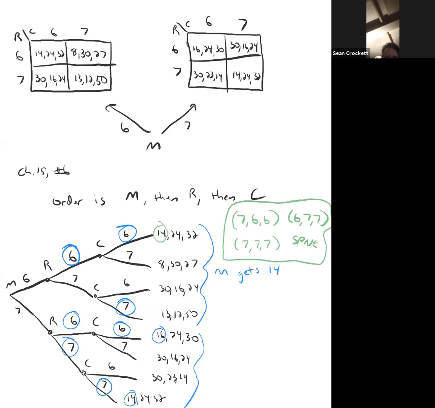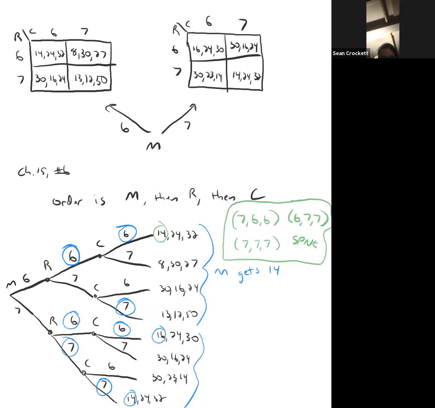So these are all of the pure strategy subgame perfect Nash equilibria. And then, of course, she could also be willing to mix in any proportion between 6 and 7. Player M could be willing to mix in any proportion between 6 and 7 as long as they're playing the 7-7 equilibrium at the bottom.